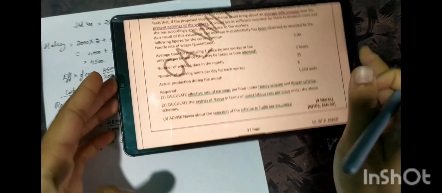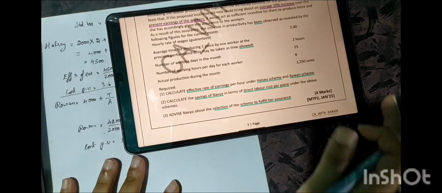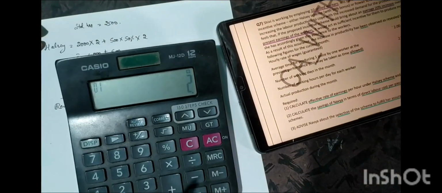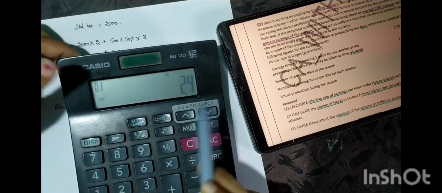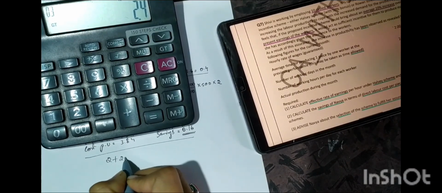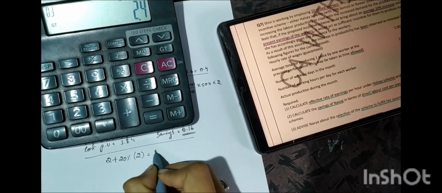And then, what's the third question? It is: advise Navya about selection of scheme to fulfill her assurance. She has given an assurance of an average 20% increase over the present earnings. So what are the present earnings? It is 2 rupees per hour, so 2 plus 20% is 2.4. So at least under a new scheme they should get 2 rupees plus 20% of 2, which is 2.4.